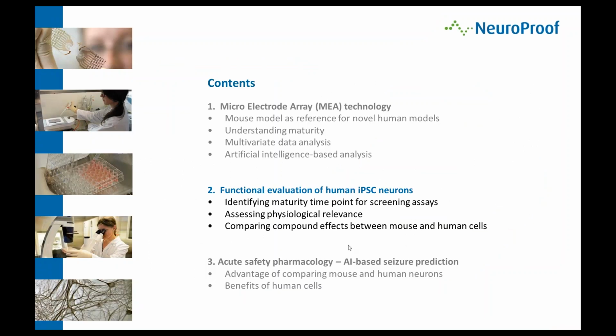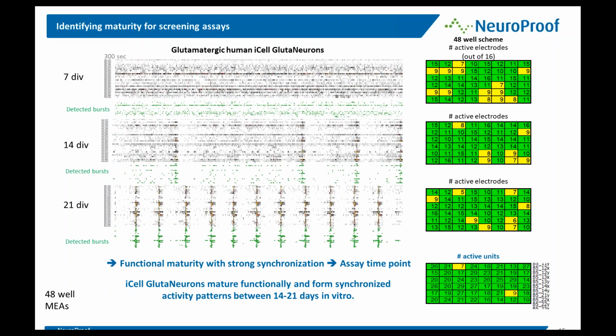So how does it work with human iPS neurons in terms of maturation and relevance from a physiological endpoint? The glutamatergic neurons Dr. Anson was referring to earlier, we have also screened those, and we see the functional development. In the first place, they are very active already after a couple of days.